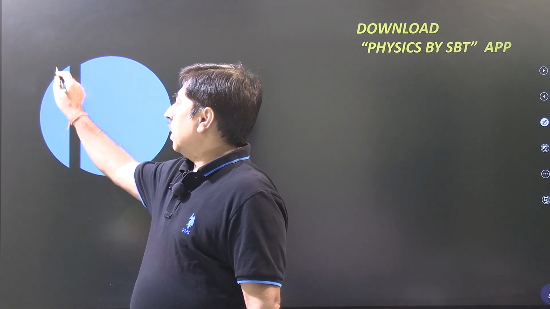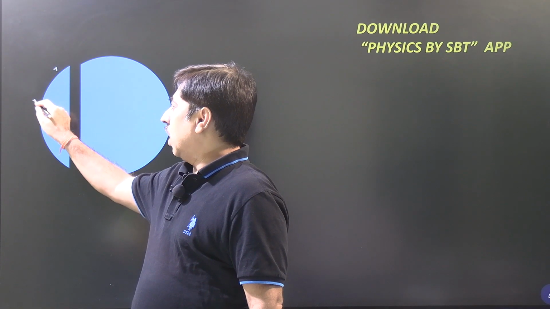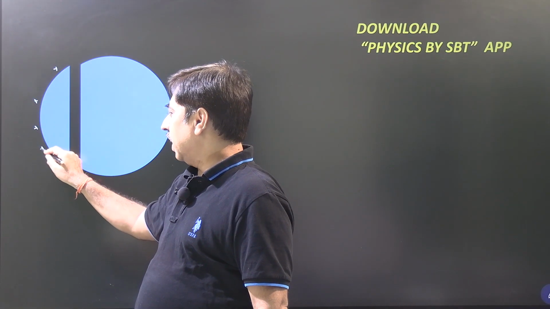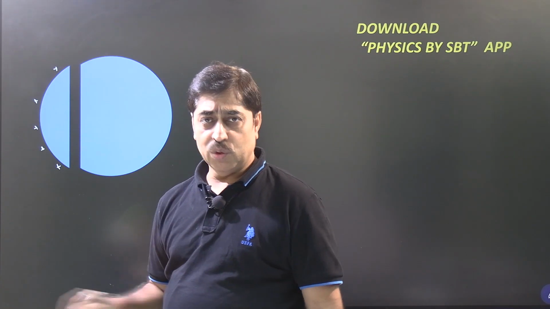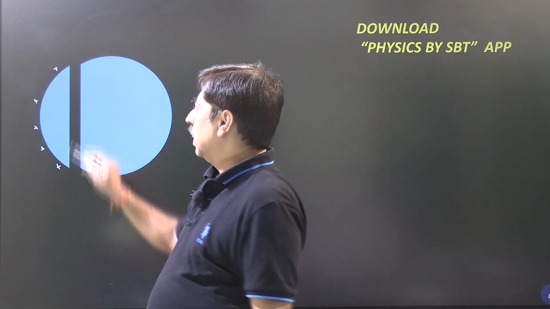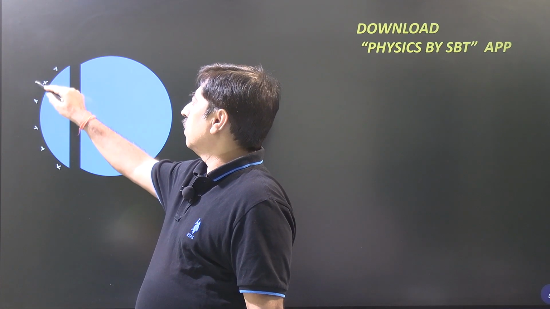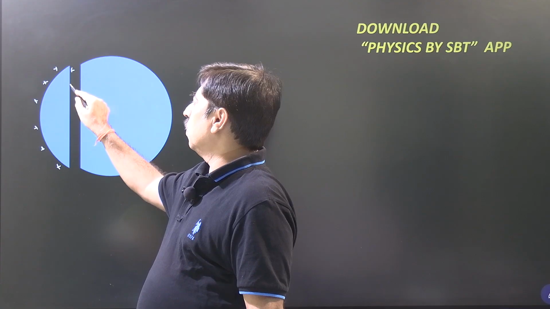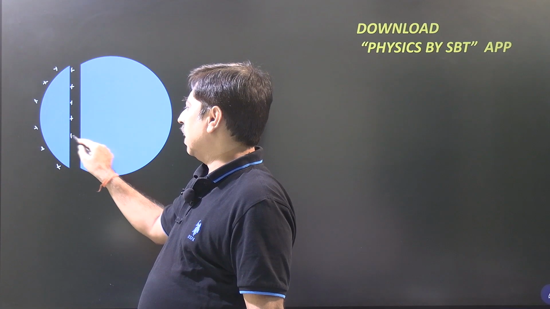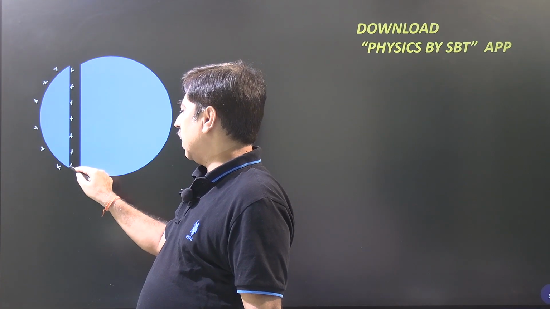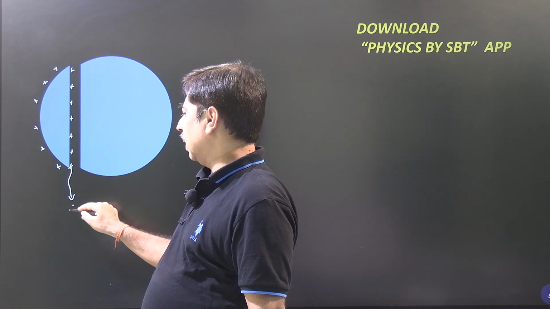So, if this part is having charge plus q, will the entire charge reside here? The answer is obvious, no, not at all. Some part of this charge will go to the inner circular face. This is the flat circular face. So, some part of charge will go here. Let me call it as q.